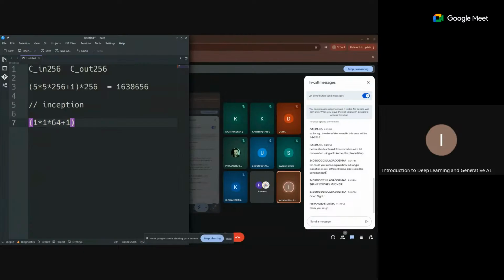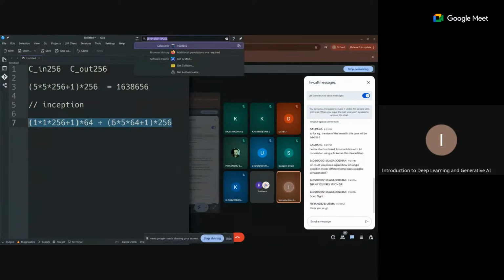This is the input size, so the input size will be 256 and the output size will be 64. Then in the next 5 cross 5, your input size will be 64, and let's say the output also has 256.